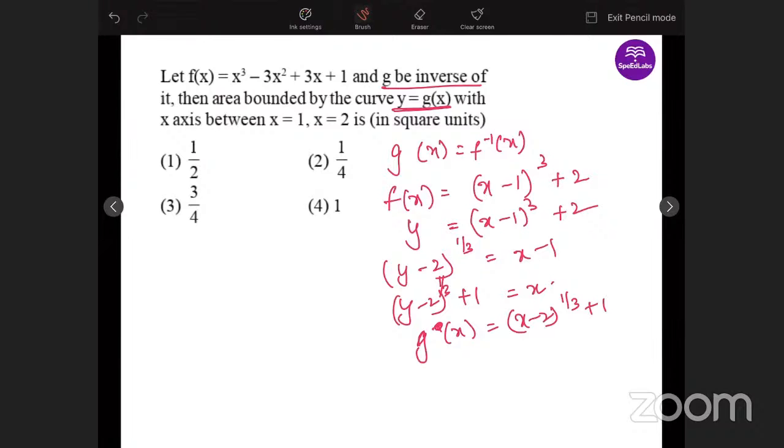So g of x. Are we getting f of g of x as x? Sorry, Ruben, it's correct. f of g of x is equal to just a second.